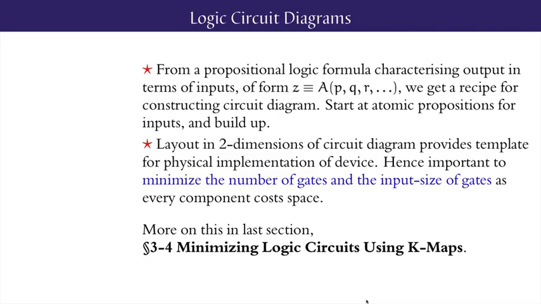The signal lines show where to put physical wires, and the logic gates are typically implemented using analog transistor devices. Regardless of how logic gates are physically implemented, space matters. We want and need to design circuits that have a minimal number of gates and minimal sized gates in their number of inputs. This will be the content of the last lesson on digital systems.